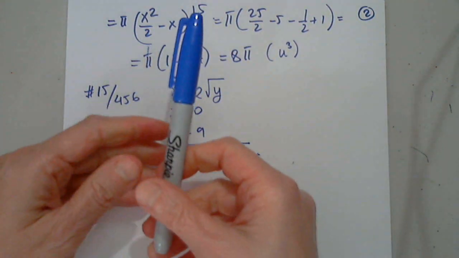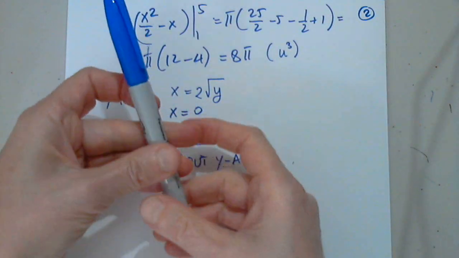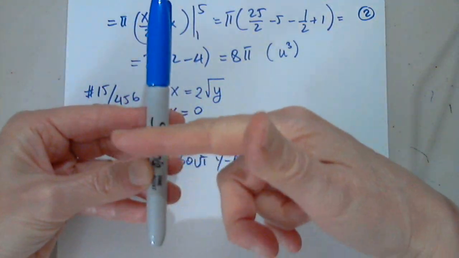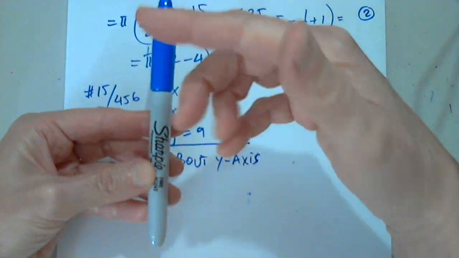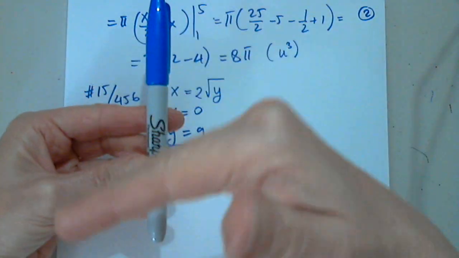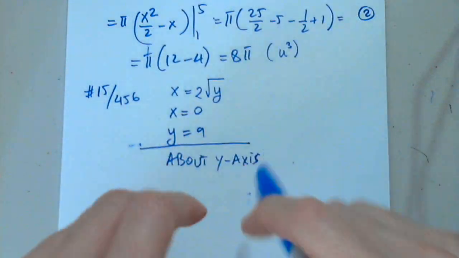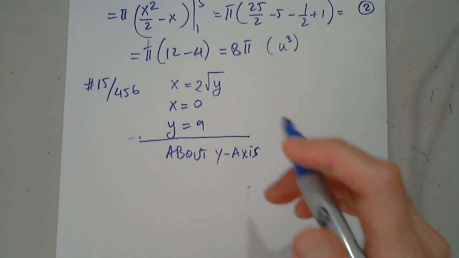Knowing that we are rotating about the y-axis, in any direction, it doesn't matter, we know that we are going to integrate with respect to y, slicing the loaf of bread from the bottom to the top. So we're going to graph first.